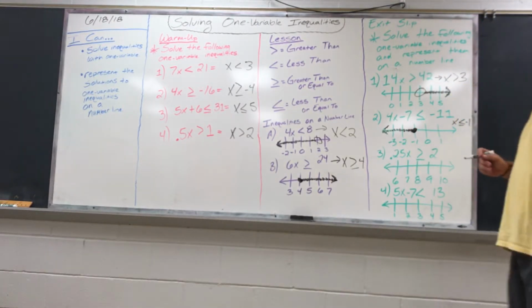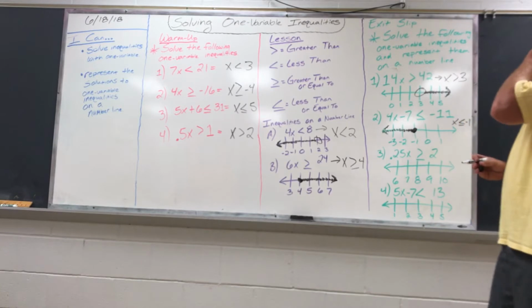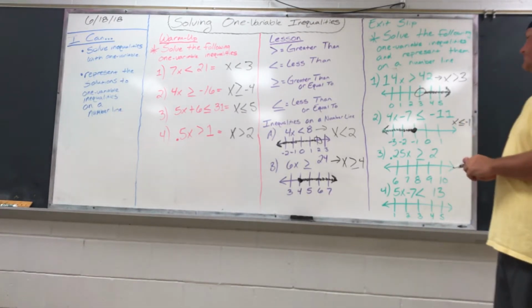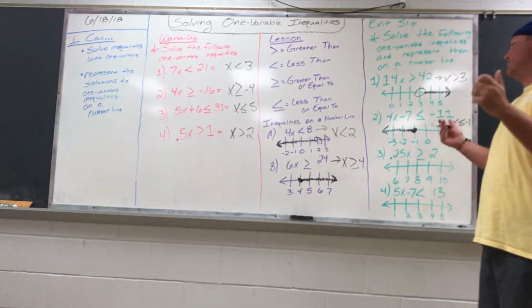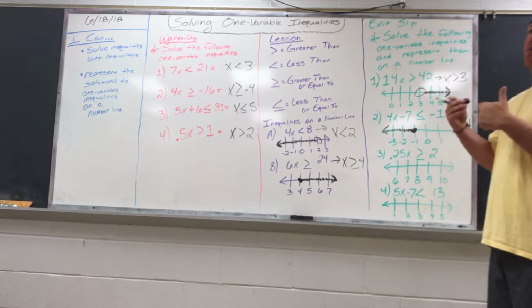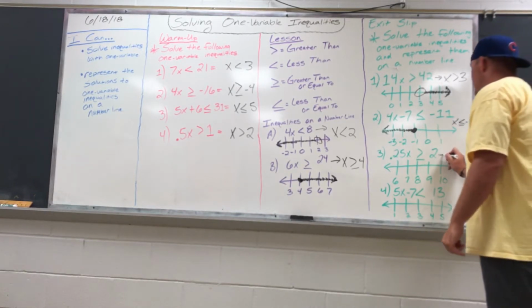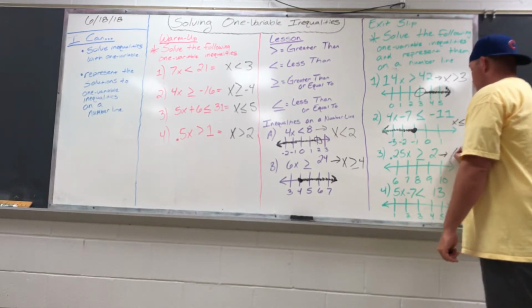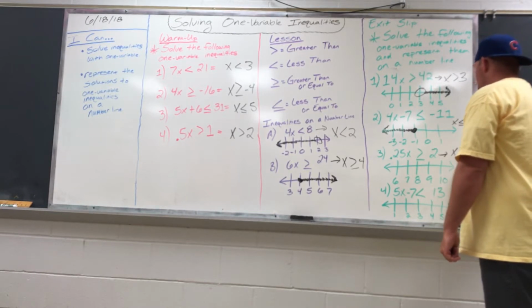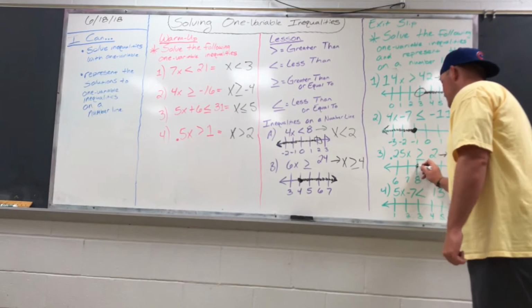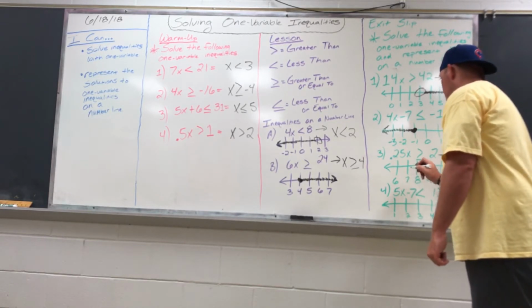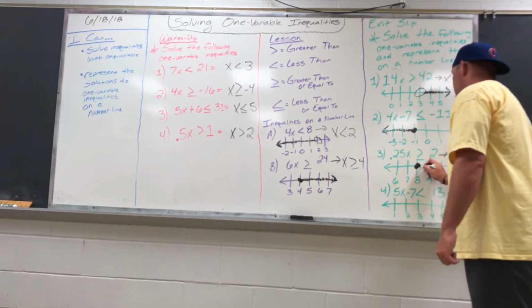The third one, you get 0.25x is greater than or equal to 2. You multiply by 4 to get 1x. So you would wind up with x is greater than or equal to 8. So you put your closed circle at 8. You would shade to the right.